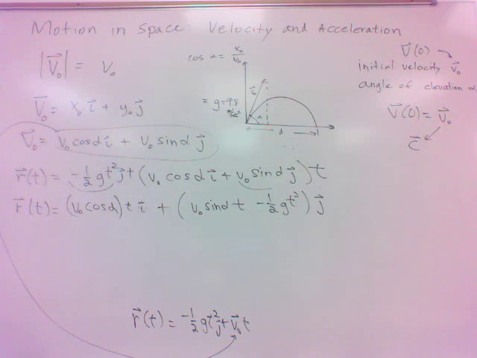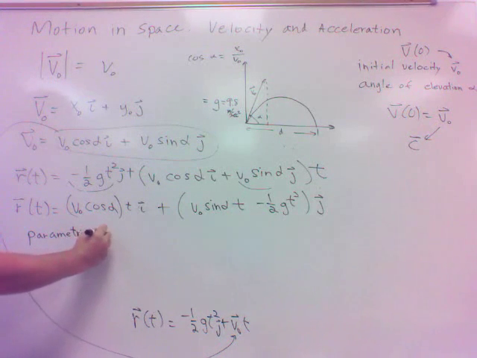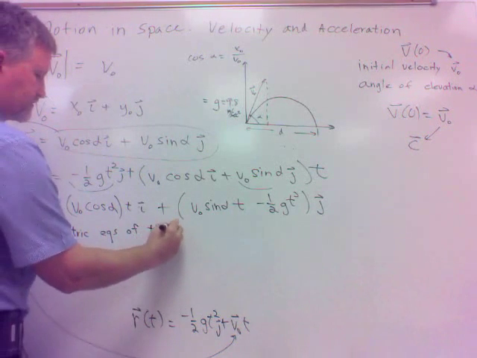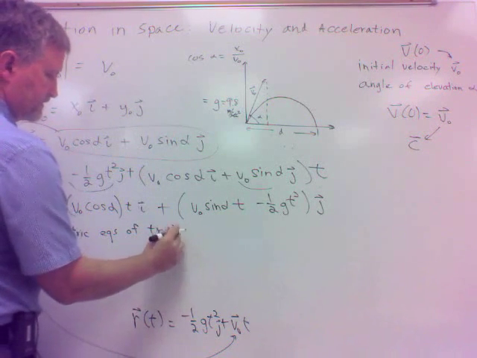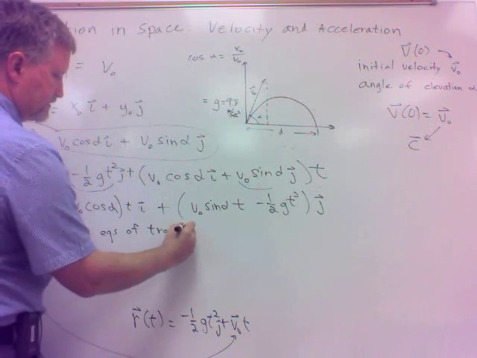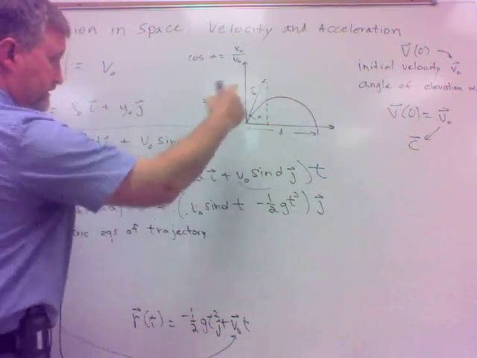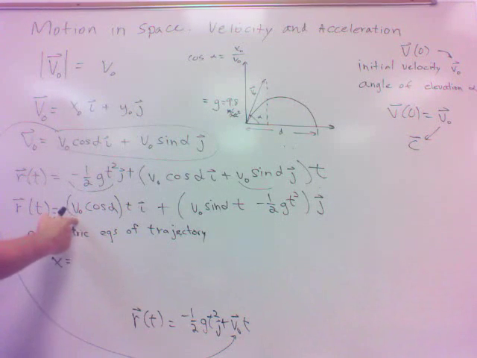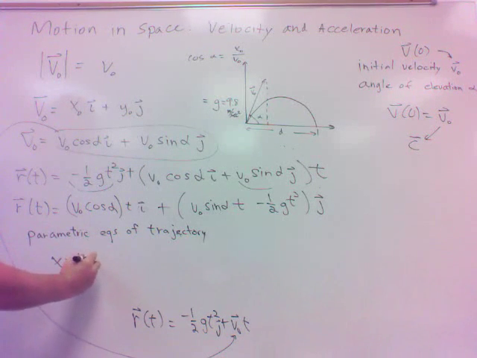Okay. And so the parametric equations of the trajectory give us the position, so they just split that out: the parametric equations of the trajectory of this projectile motion based on this. The x is this, v0 cosine alpha times t.